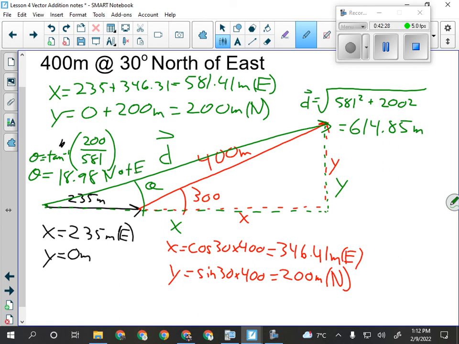Last thing I've got to check, significant digits. Okay, 3, 3, 2. The angle is a measured value. Because it's a measured value, it does in fact contribute to your significant digits, because obviously you used it to calculate quite a few things in the course of the question.